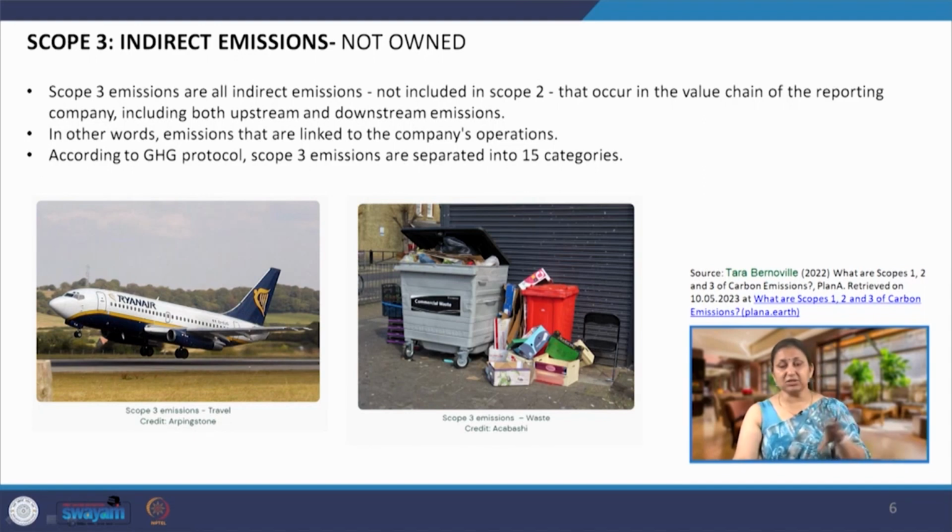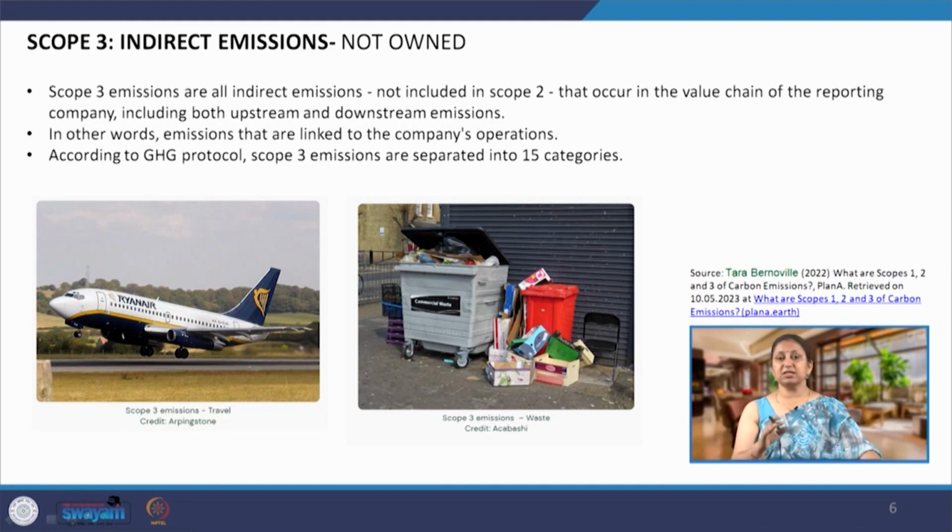That is not happening here. The production and processing of that raw material, for example wheat flour, is happening at some other facility. The direct emissions from that facility will be partly counted into the indirect emissions of not owned resources here. So, we are talking about the entire value chain.